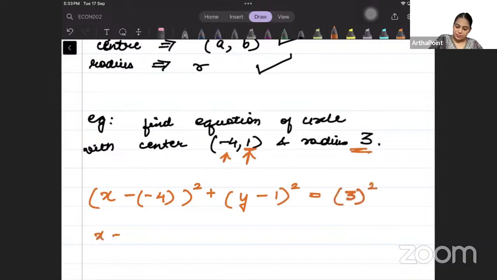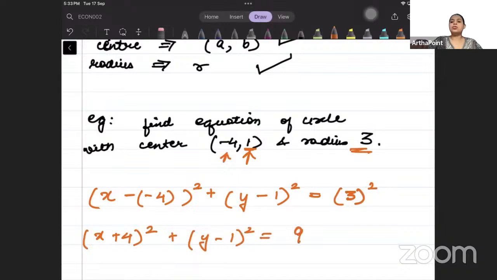So (x plus 4) whole square plus (y minus 1) whole square equals 9. This will be the equation of the circle.